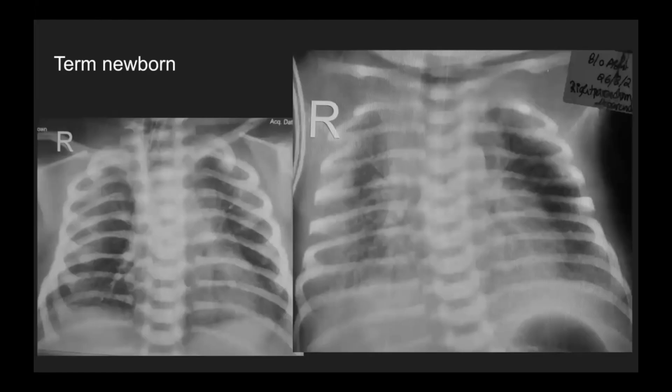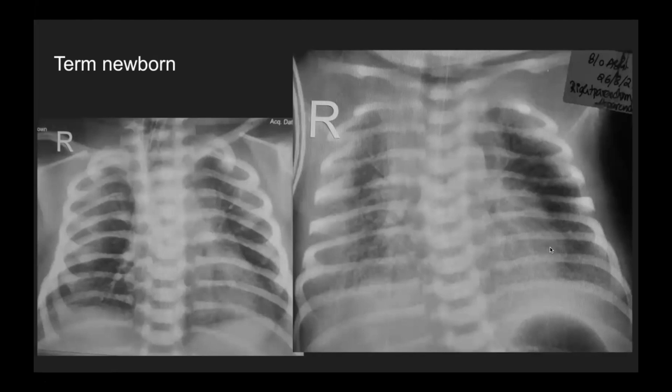So here is a term newborn who had respiratory distress, and this was the bedside radiograph. First, in a newborn with respiratory distress, we need to look at the volume of the lungs. The volume of the lungs is preserved.